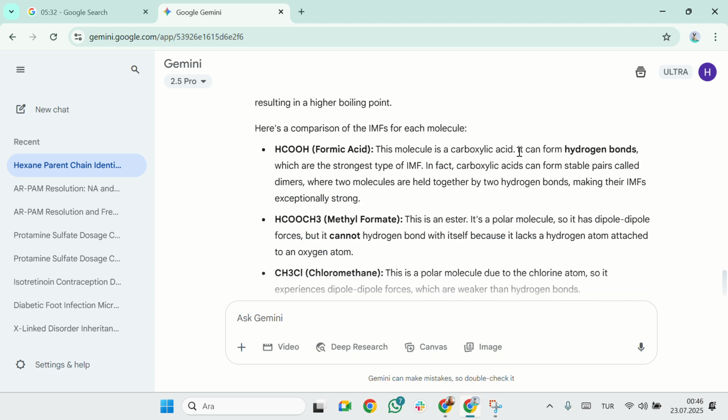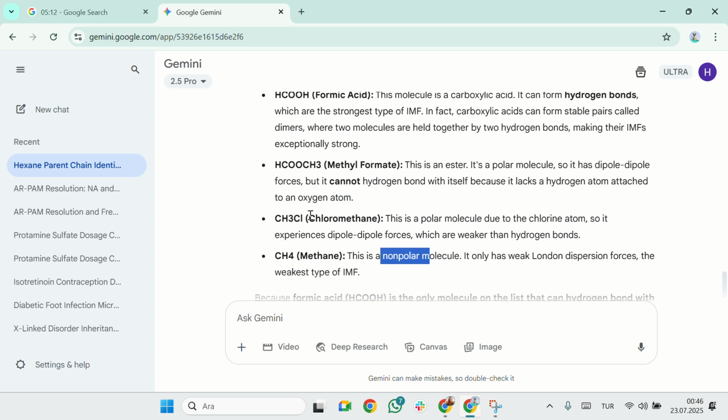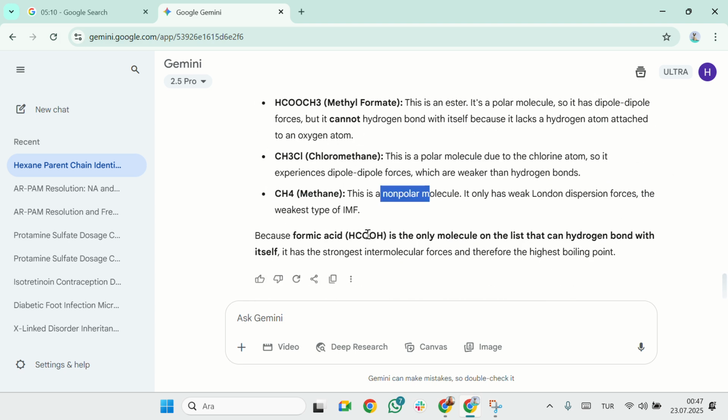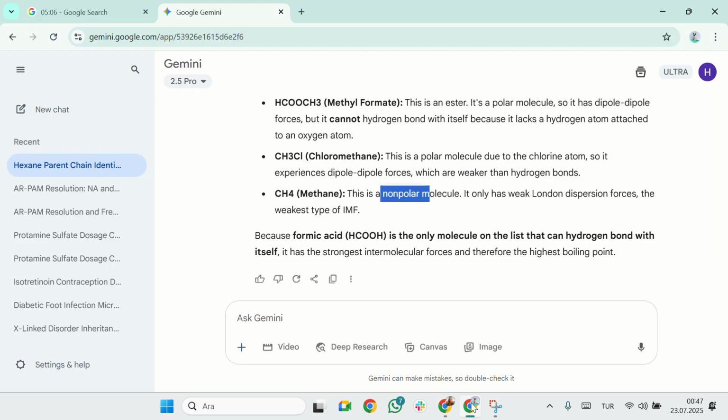Formic acid, a carboxylic acid, can form hydrogen bonds, which are the strongest type of IMF. Acids can form stable pairs called dimers, making their IMFs exceptionally strong. Okay. The weakest type of IMF. Oh, not that. I was actually wondering about CH3Cl.